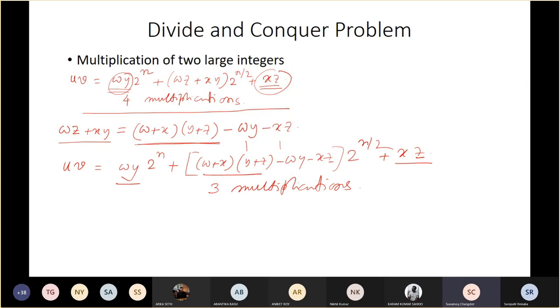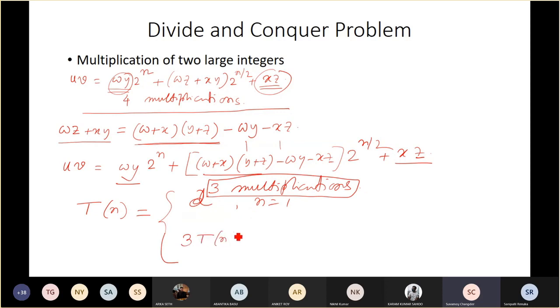Okay. So therefore, we can write the time complexity or the recursive definition as T(n) equals d when n equals 1, else 3T(n/2) plus b times n for n greater than 1.